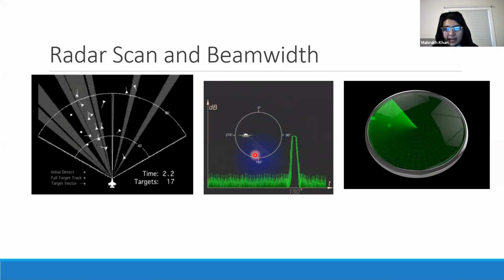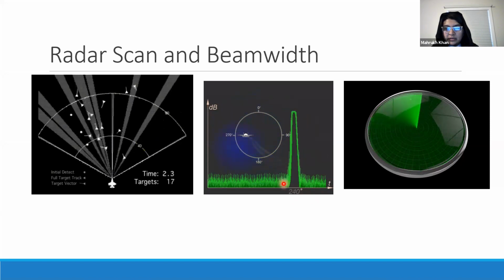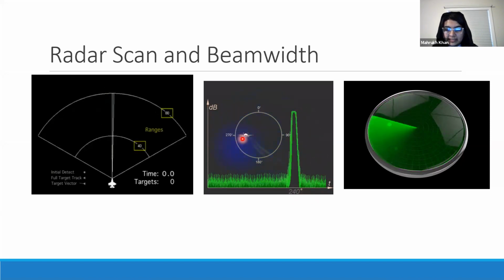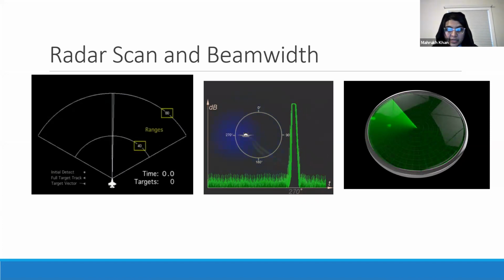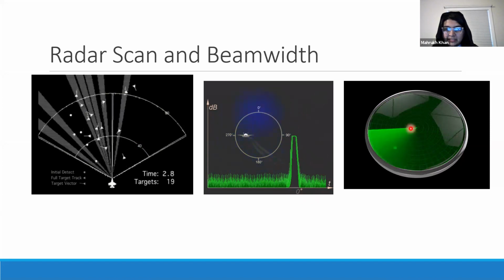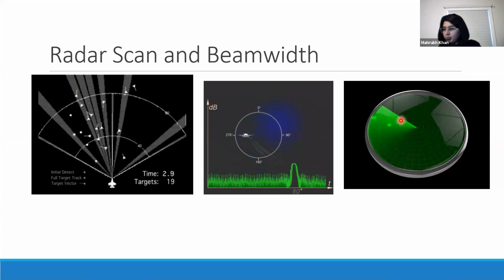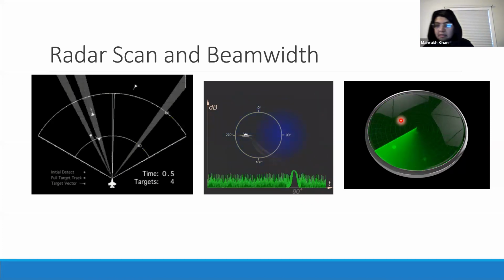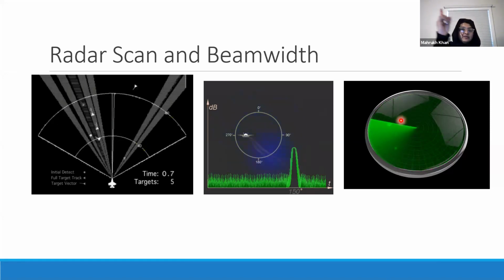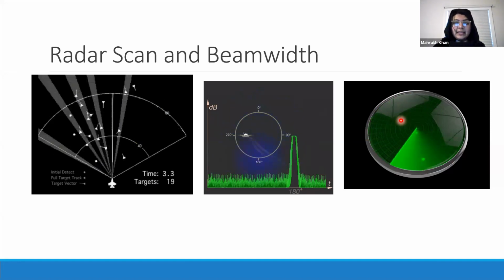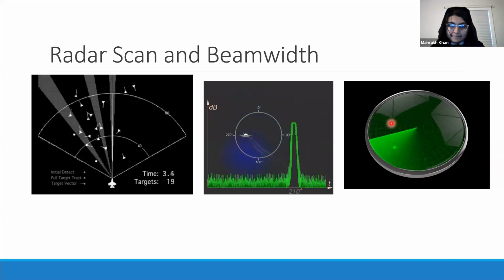As soon as this beam reaches 270 degrees, it shows you the target, which means this target exists at 270 degrees, right? And similarly here, this is the typical scenario of the airport traffic control system or the normal radars, where these are continuous wave radars which can move in this direction. They are actually sending the beams in 360 degrees to resolve the targets. Okay.